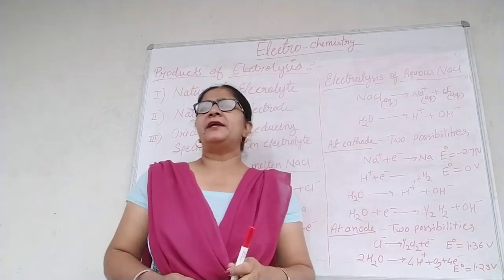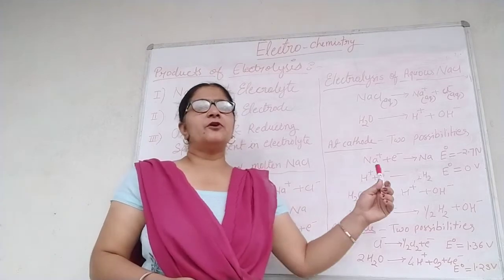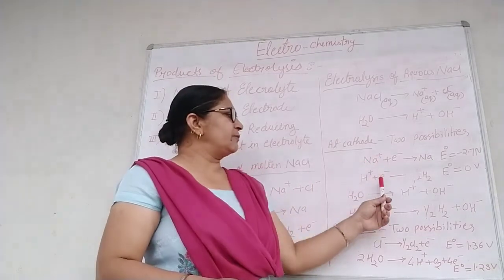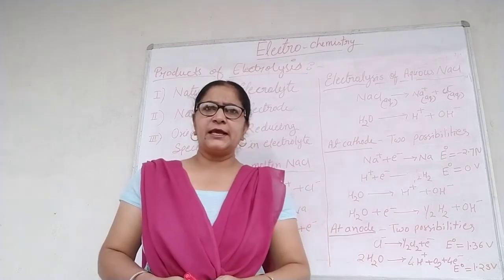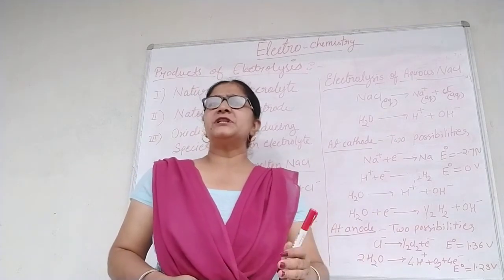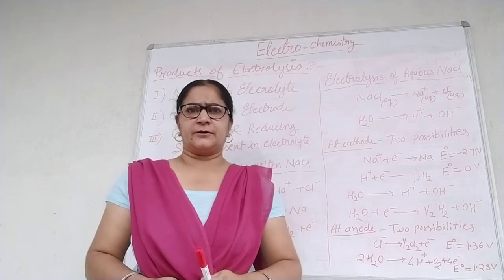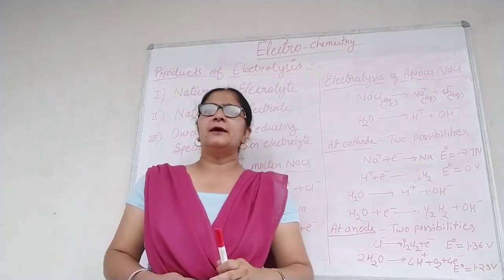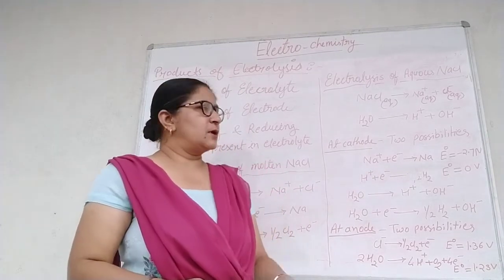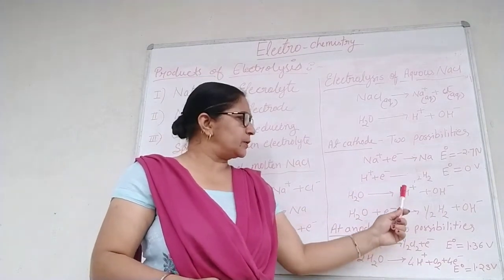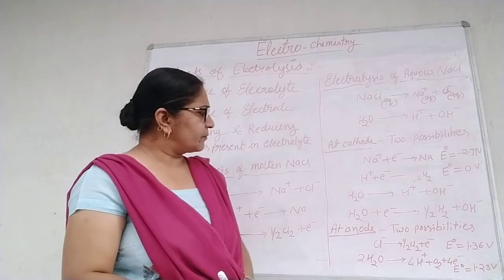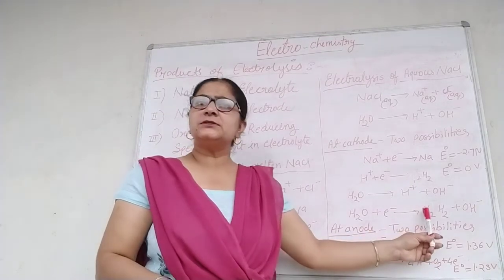So the final reaction will be the reduction of hydrogen ion to give hydrogen gas, but since hydrogen ions are obtained from water, we will write the complete reaction here. Water will give half H2 plus OH-.